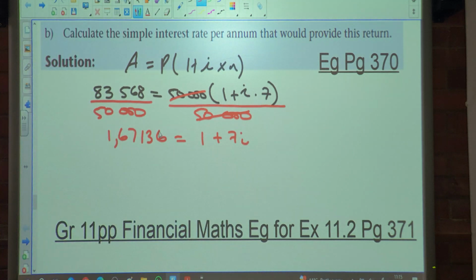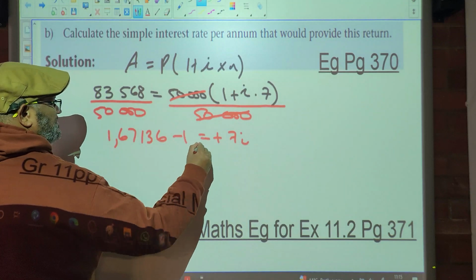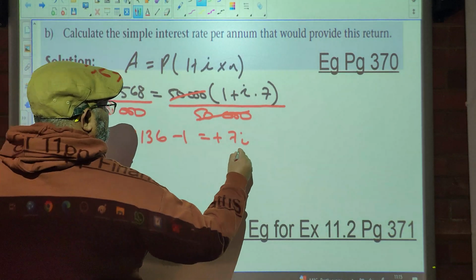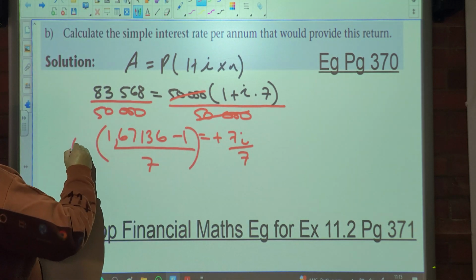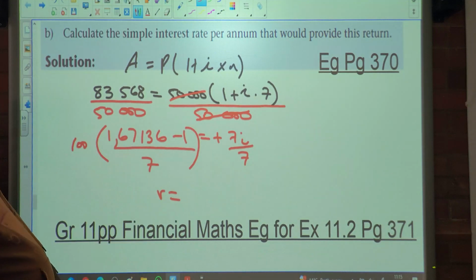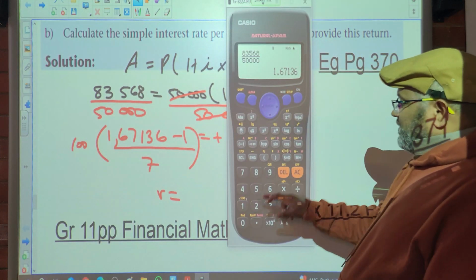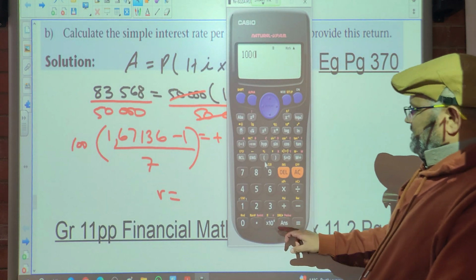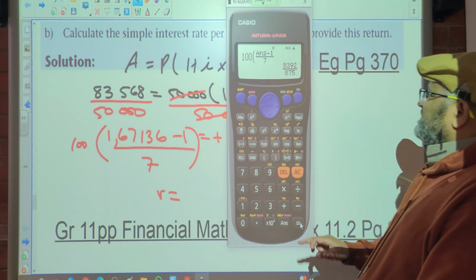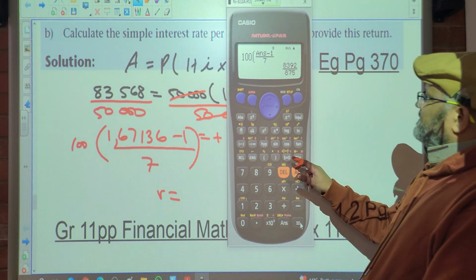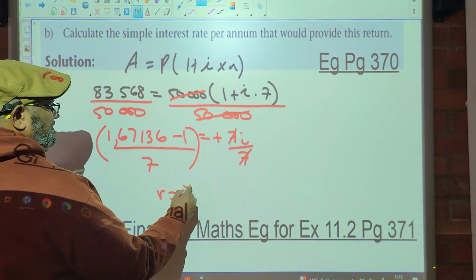What do I do now? Take the 1 over the equal sign, so it's minus 1 is equal to. Now what? Divided by 7. This answer must be multiplied by 100 to get your rate. You all agree with that? So it's going to be 100 into answer minus 1 over 7, which gives us 9,59%. Let's check if that's correct.